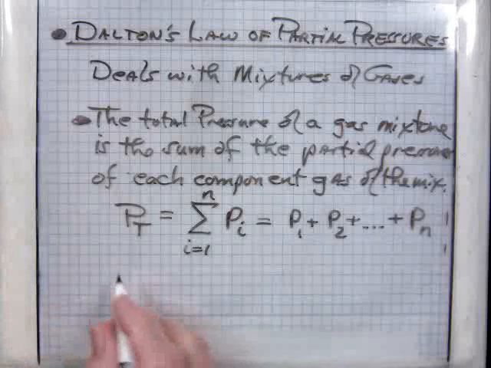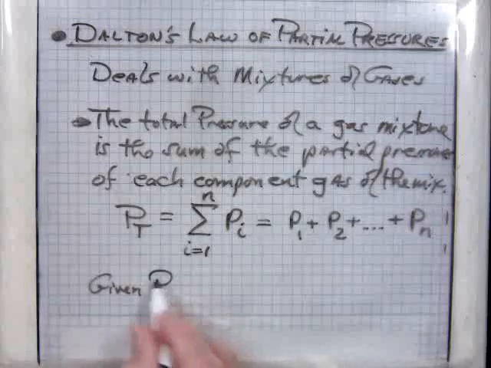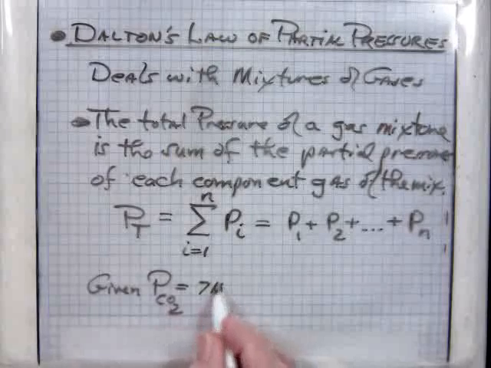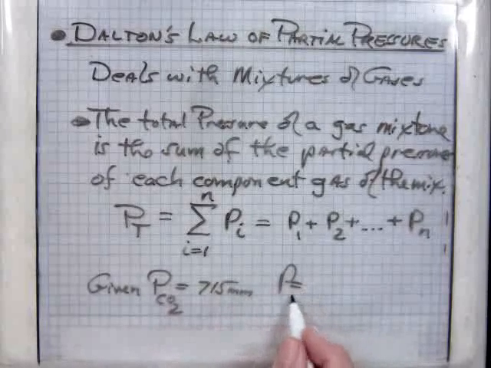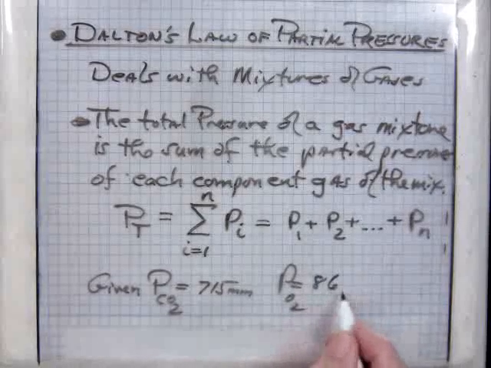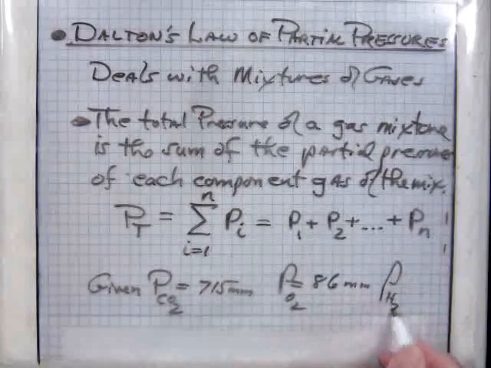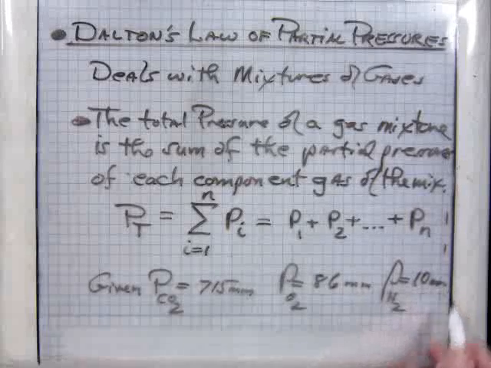For example, if you're given the partial pressure of CO2 to be 715 millimeters, the partial pressure of O2 to be 86 millimeters, and the partial pressure of hydrogen gas to be 10 millimeters, what's the total pressure?